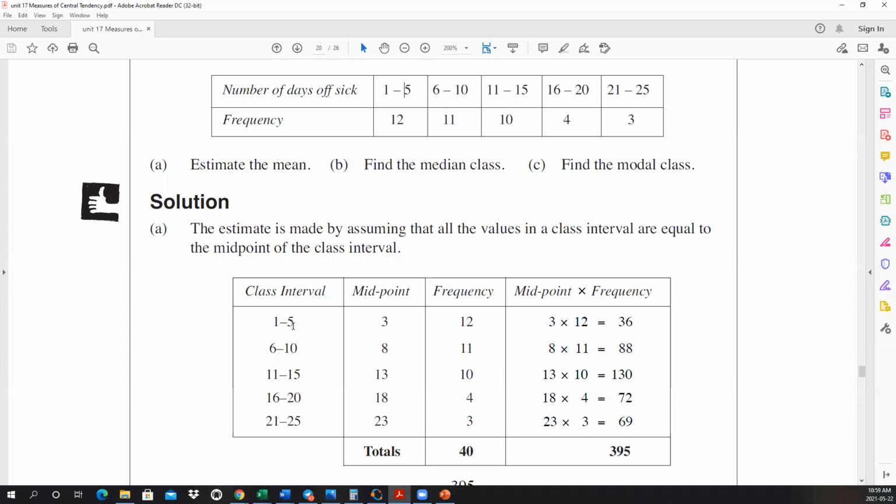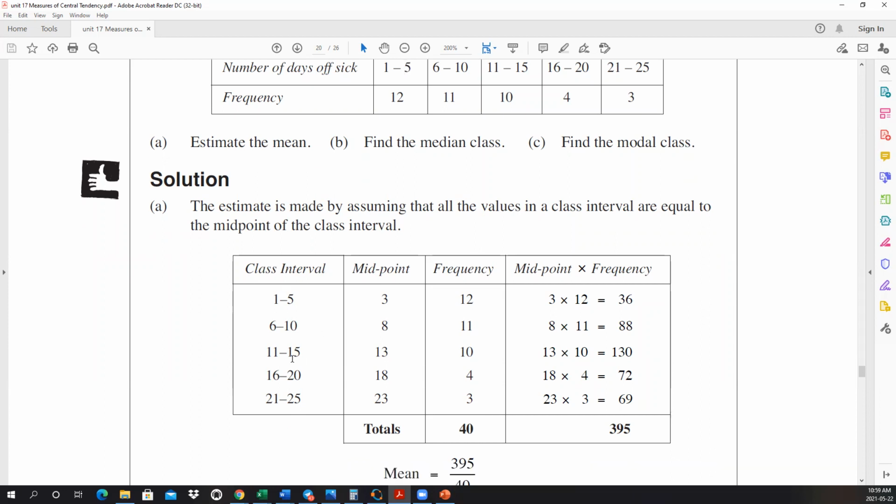So it's not like you're going to have a 5.5 day. And then this is 8 days, greater than or equal to 6 but less than 11, which is the same as 6 to 10. All right, hopefully you get that point. If not, you can always stop me and I'll put up a little number line and show you.